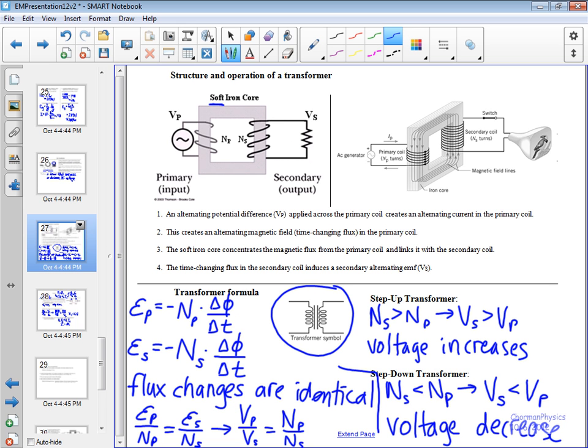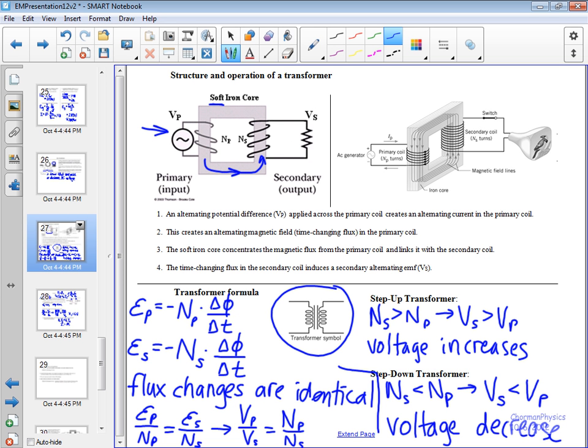The way that a transformer works is that you have this primary coil of wire attached to some voltage source. When that voltage source goes through the primary coil, it's going to generate a magnetic field. That magnetic field is going to align the magnetic domains within the soft iron core such that this magnetic field will be carried all the way throughout, and that magnetic field will go through the secondary coil of wire.